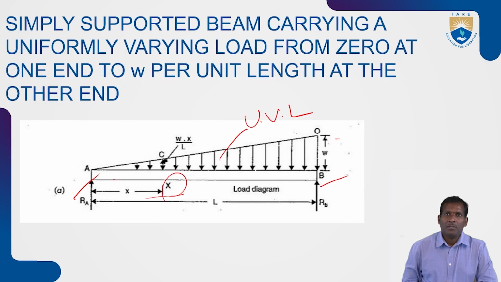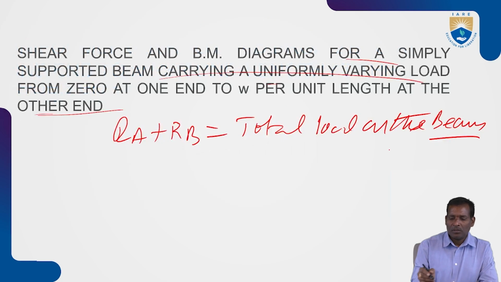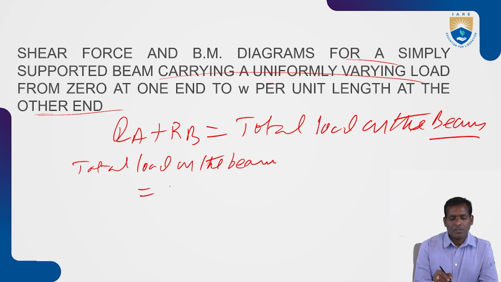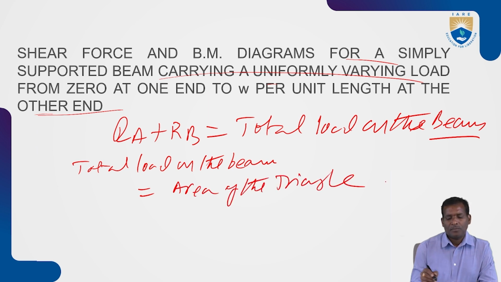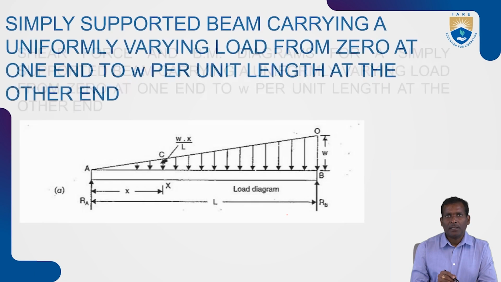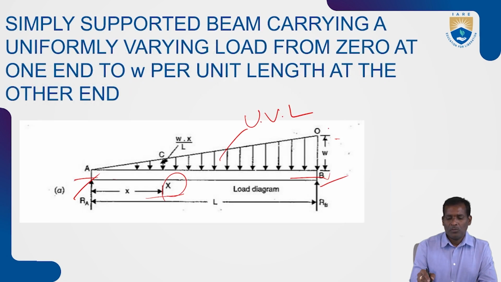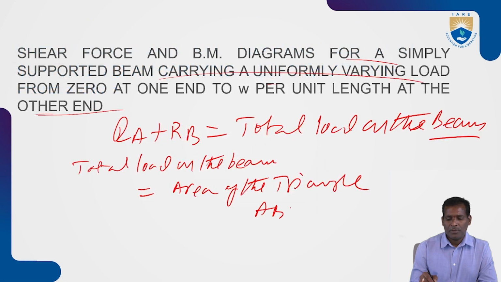The total load on the beam is the total area of the load diagram, which is the area of the triangle ABO.